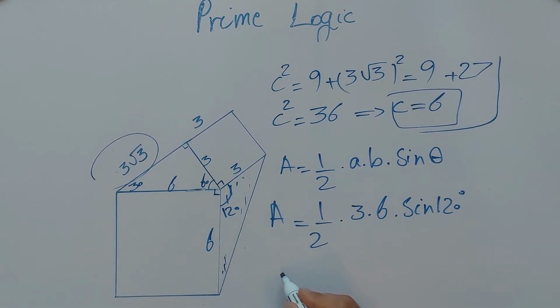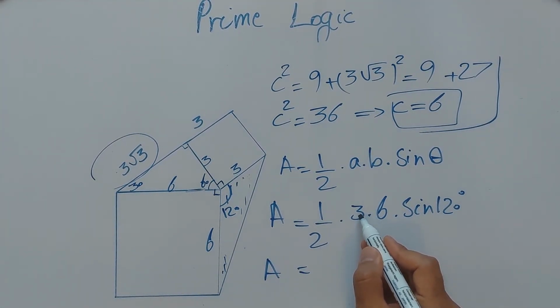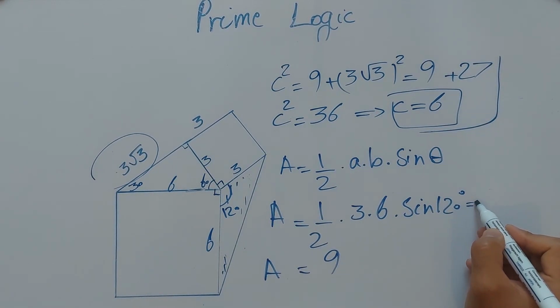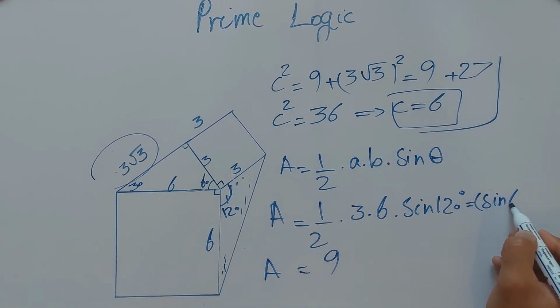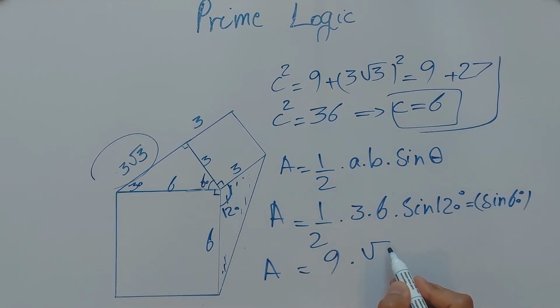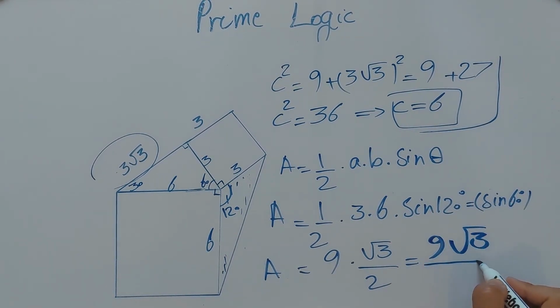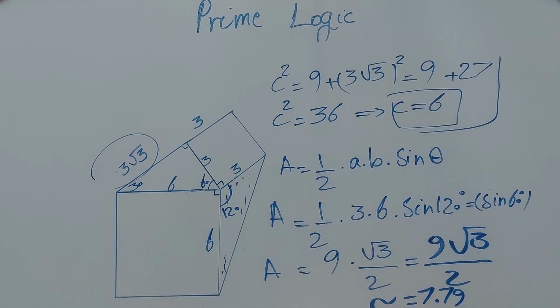So the area equals 18 over 2, which is 9, times sine of 60 degrees, which is square root of 3 over 2. And that's the final answer, 9 square root of 3 over 2, which I think equals 7.79 square units.